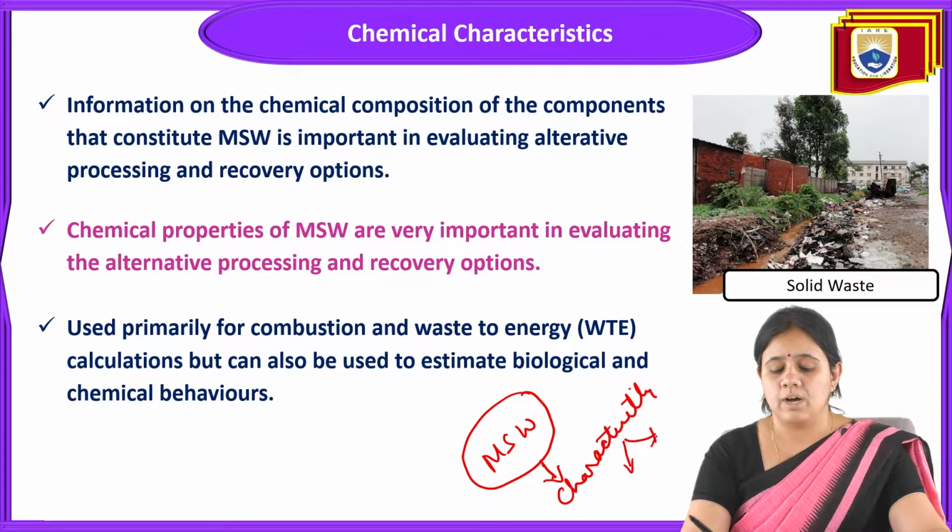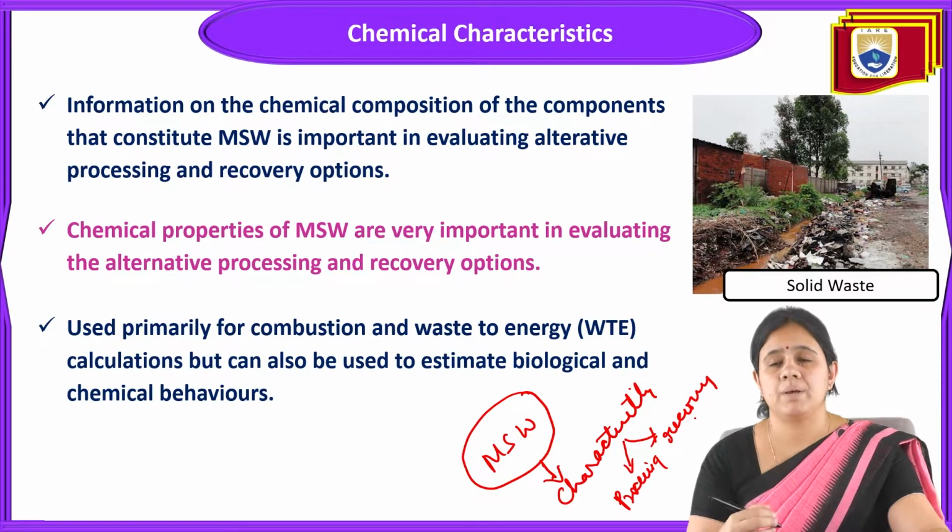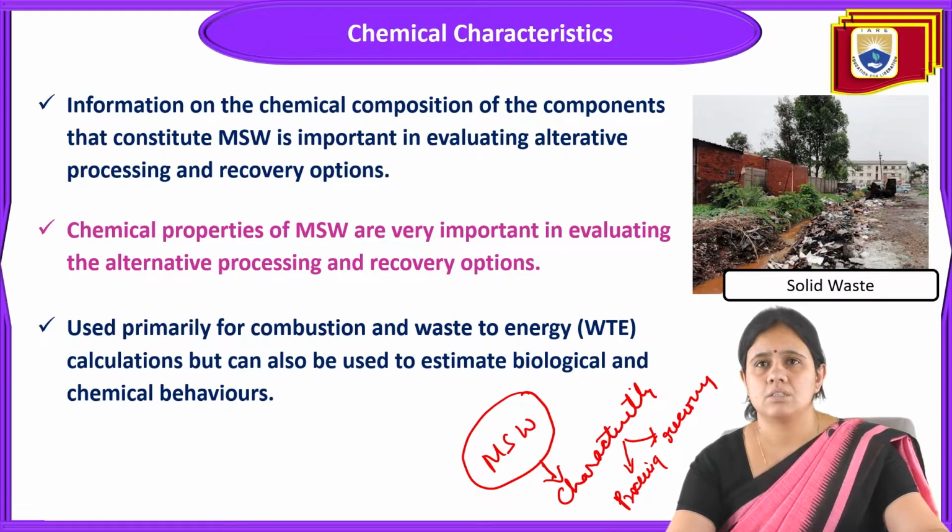Recovery option means which type of method we should adopt for this particular kind of waste. Because municipal solid waste is a mixed type of waste, based on its chemical characteristics we will select the method of disposal. That's why these properties are very important for evaluating alternative processing and recovery options.